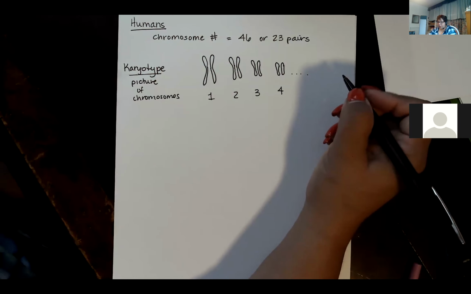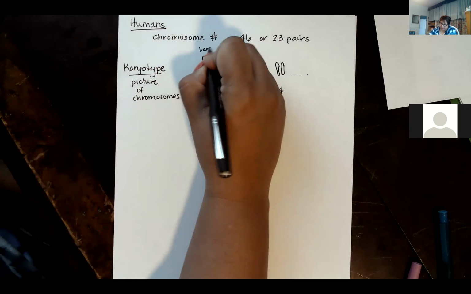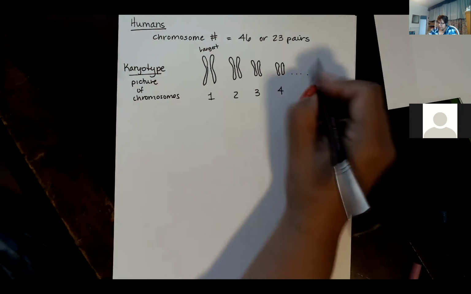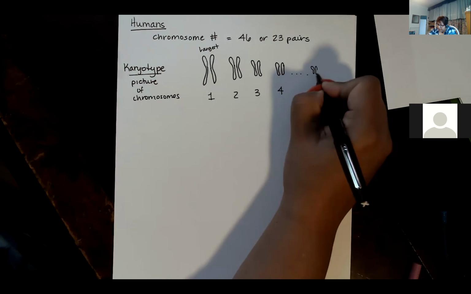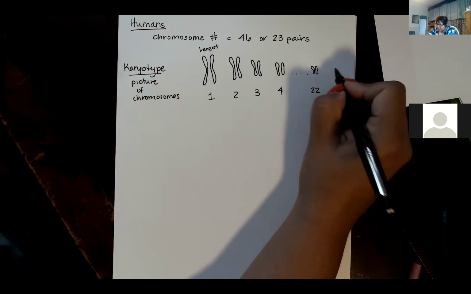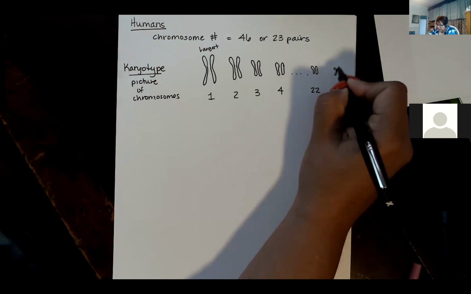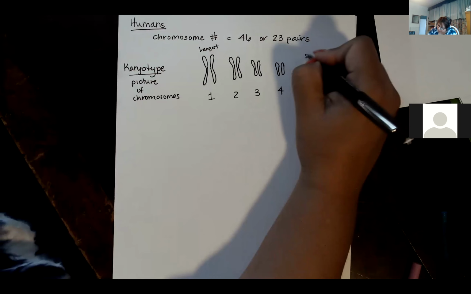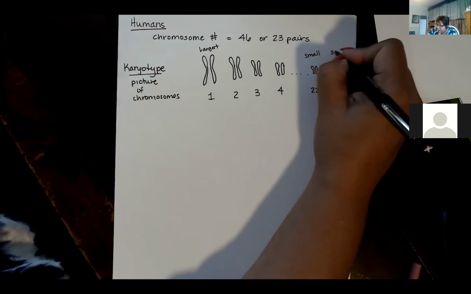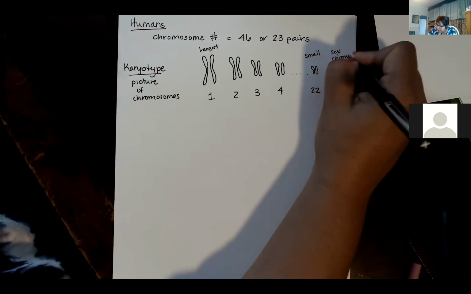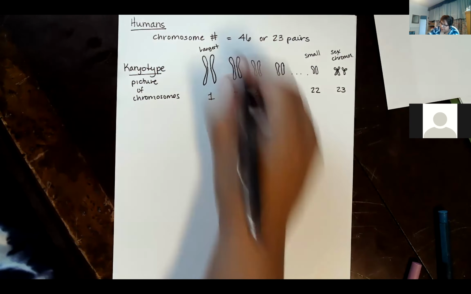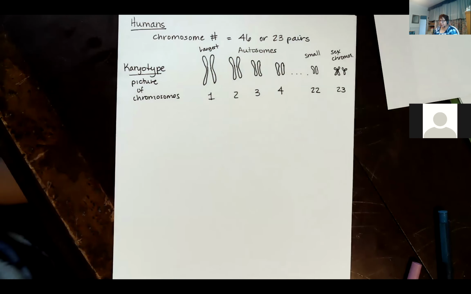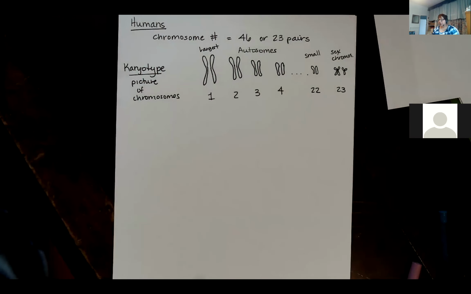Chromosome pairs are numbered so that the largest is pair number 1, and the smallest is pair number 22, and then the 23rd pair is called your sex chromosomes. Pairs 1 through 22 are referred to as your autosomes. The 23rd pair are your sex chromosomes.